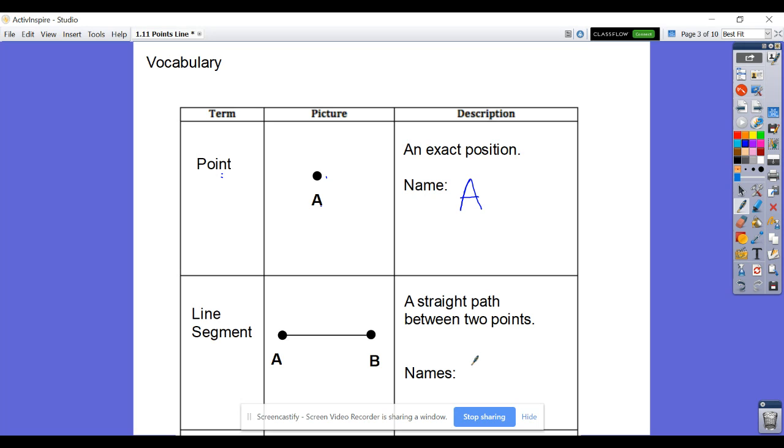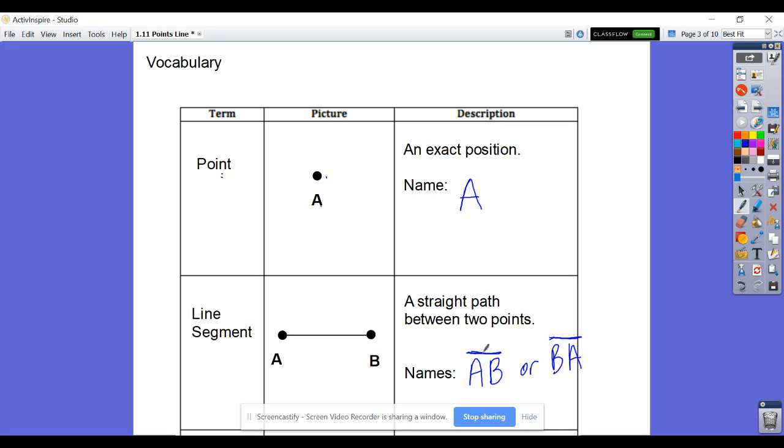So we can name this line segment 2 ways. You're either going to call it AB, with a little line segment above it. So draw it just like I did on the board. AB, with a little line segment drawn above it. Or BA, with a little line segment above it. So notice in geometry, notation, meaning the way you write things, is so important.